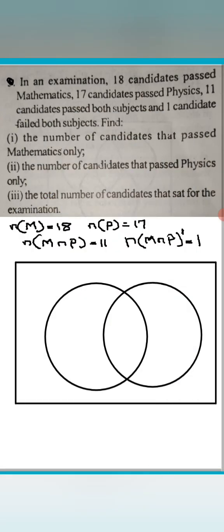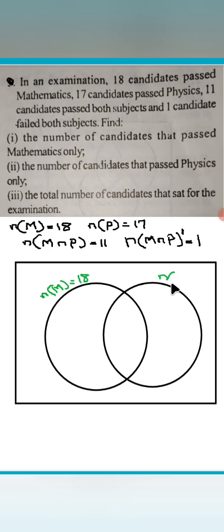Now the number of mathematics equals 18, the number of physics equals 17, and the number of both equals 11. So here we say 18 minus 11, which will give us 7. And here we say 17 minus 11, which will give us 6.